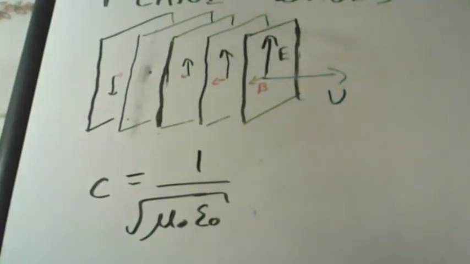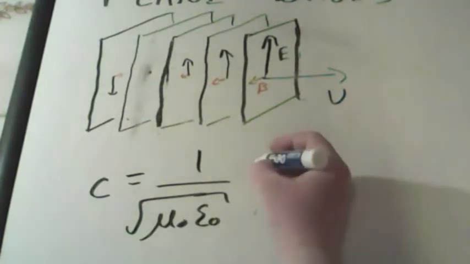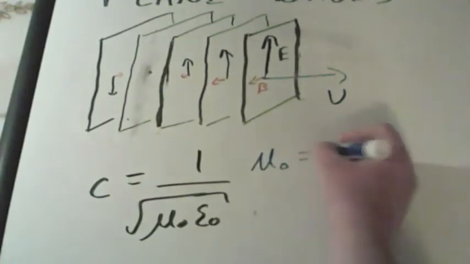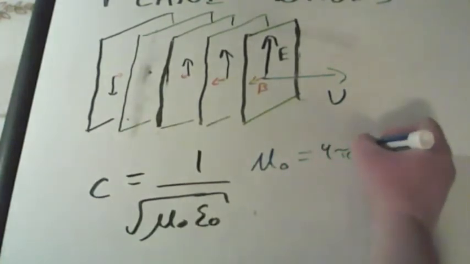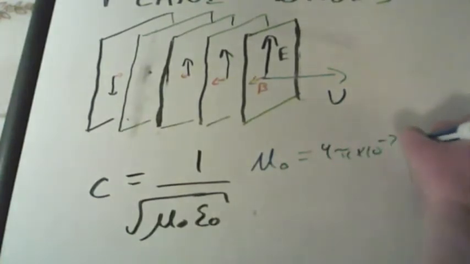These are constants that we've seen with Ampere's law and Coulomb's law. To remind you, the permeability is 4 pi times 10 to the minus 7 tesla meter per ampere.